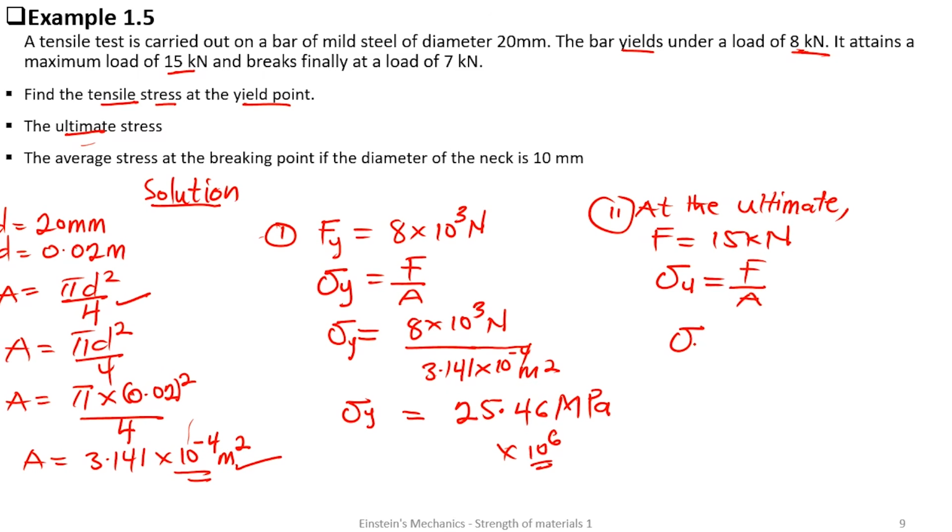So we can calculate the ultimate stress to be 15 kilonewtons on the same area. The area is 3.141 times 10 raised to the power negative 4.